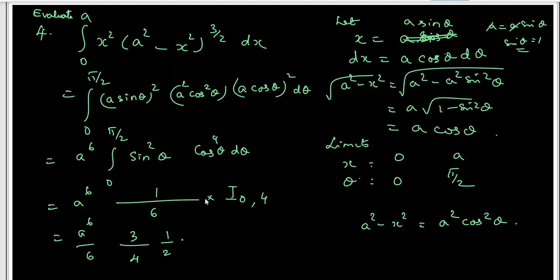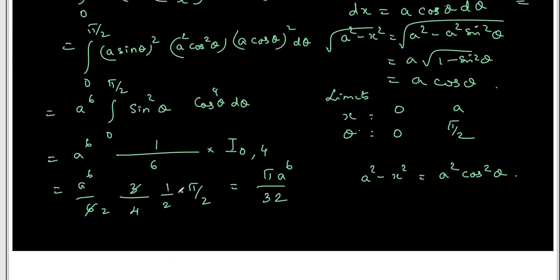So half comes, and therefore you will have pi by 2. So we can cancel, and we have 16 into 2, 32. So pi a power 6 divided by 32. So this is what we have as the answer for this.